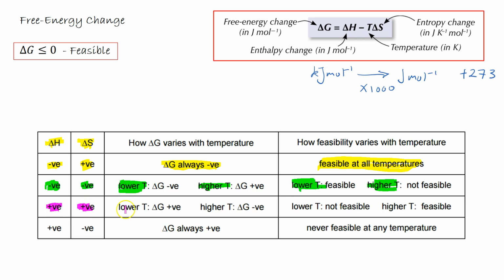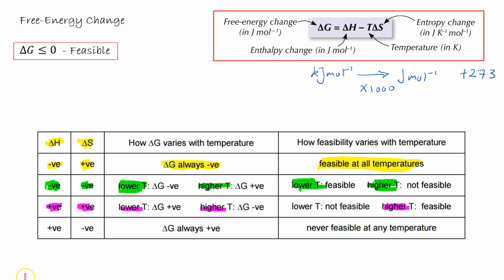Well, at lower temperature, the delta G is going to be positive because enthalpy will be greater and positive, whereas the entropy change will not be as big as the enthalpy change, and therefore at lower T we'll have a positive delta G, while at higher temperatures we end up with a negative delta G because the T delta S term becomes greater, and so the reaction becomes feasible at higher temperatures, which is why thermal decompositions require energy to be put in.